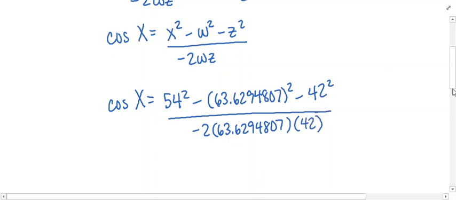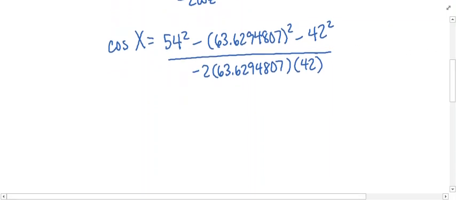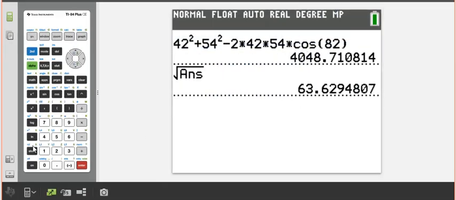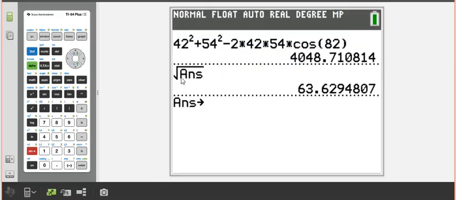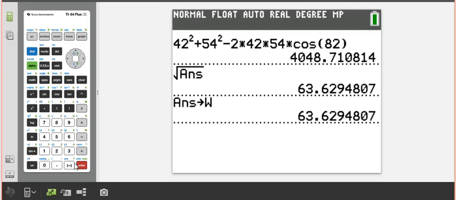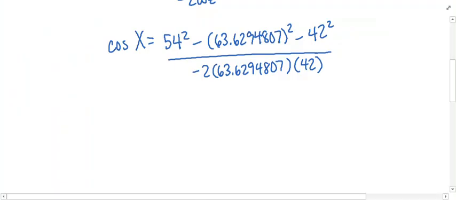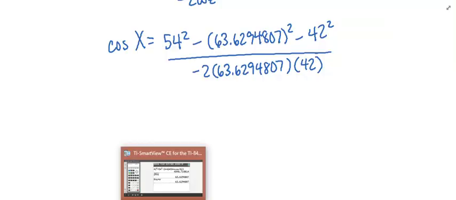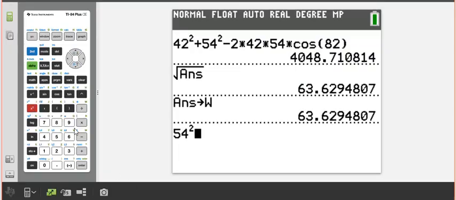So let's go to our calculator and plug this in. Here is that lovely decimal. I am going to store this in w so that I don't have to keep punching it in. I'm going to type in the numerator: 54 squared minus w squared minus z squared, which is the 42 squared.